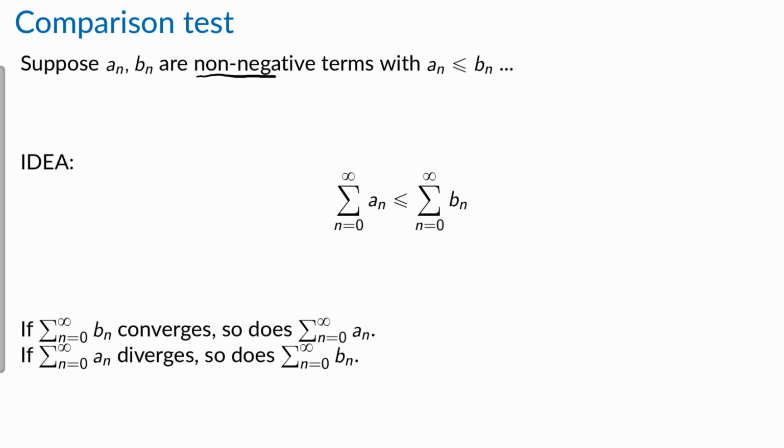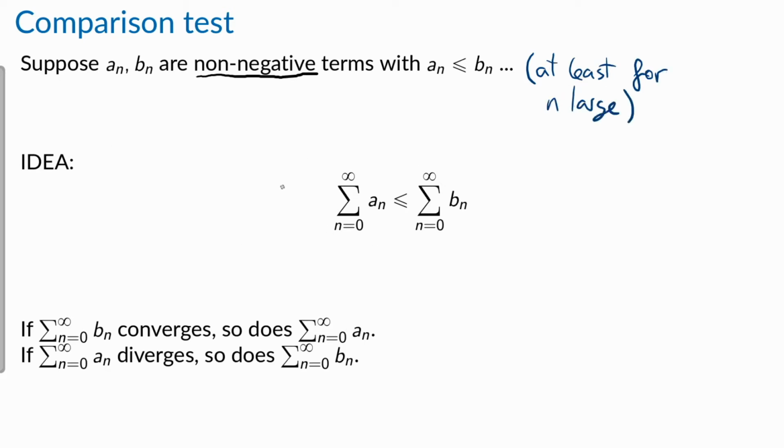That's going to be an important feature for us. And we ask that a_n is less than or equal to b_n, and then here I have some dots, because I want to fill in with the statement that it's true at least for n large.